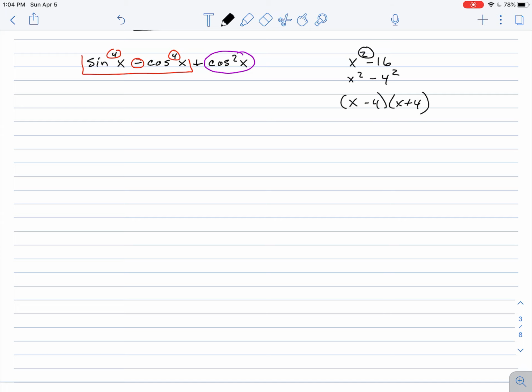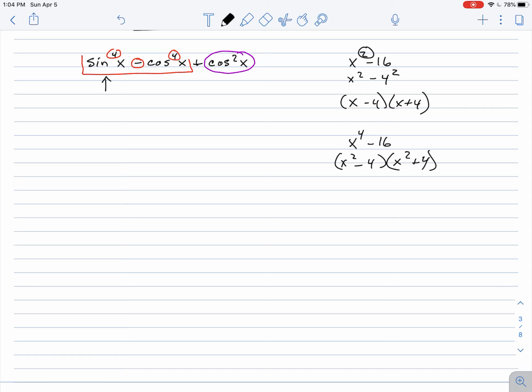Well, this doesn't have to be a 2 up here. It could also be a 4th power, in which case this would factor as an x squared minus 4 and an x squared plus 4. And that's the idea of what's happening here.